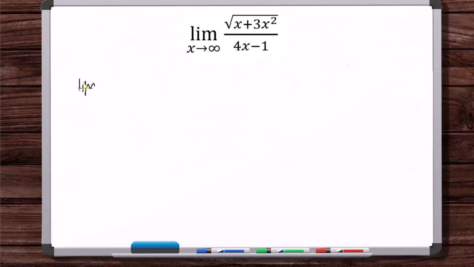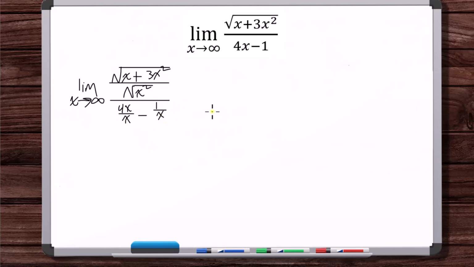Now we do have the root, but since x is approaching positive infinity, we don't have to worry about the square root of x squared being the absolute value of x, because x is always positive.